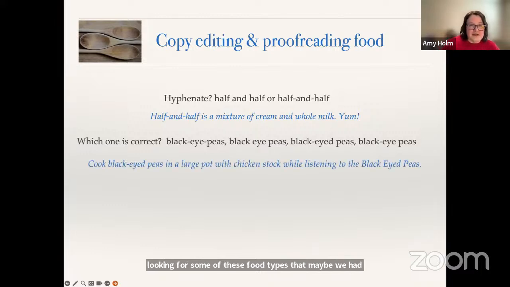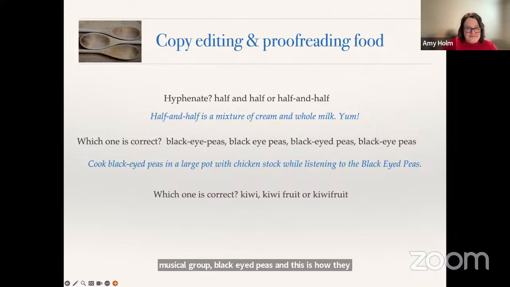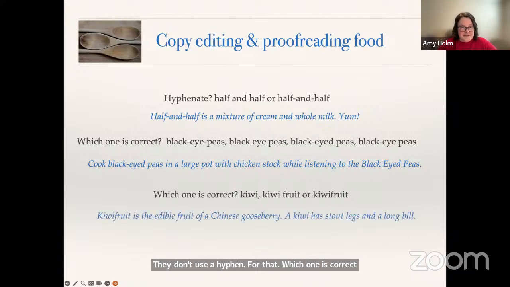Black-eyed peas, you hyphenate, and of course, we can't ignore that there's also the musical group Black Eyed Peas, and this is how they prefer their name. They don't use a hyphen for that. And which one is correct here? Kiwi fruit, 2 words, kiwifruit, 1 word. It's kiwifruit, 1 word. And if you just said kiwi, that's a bird. So that's something different entirely, right?